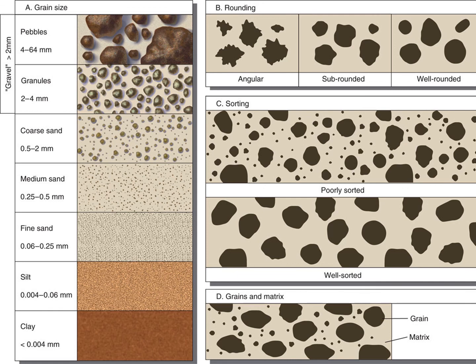And if we go to the top right side, where we have rounding, we have angular, subrounded, and well-rounded. And this is the shape of individual grains. So are the grains incredibly jagged and sharp, which means that they did not move that far from their source material, so that would make it angular, or did it tumble incredibly far away and it's now very rounded, so it would be a well-rounded grain.